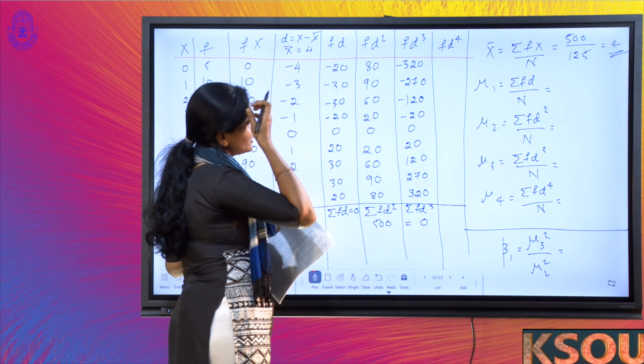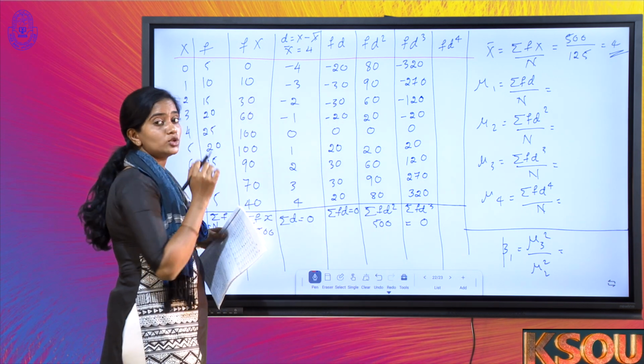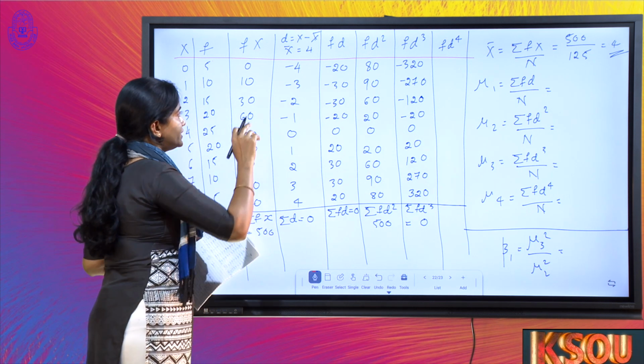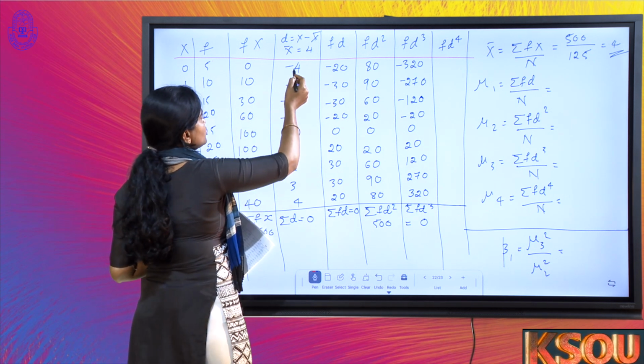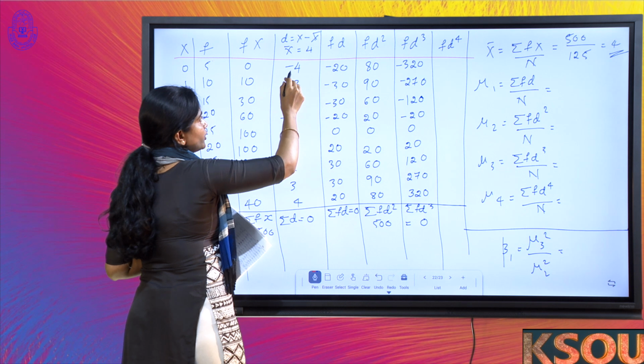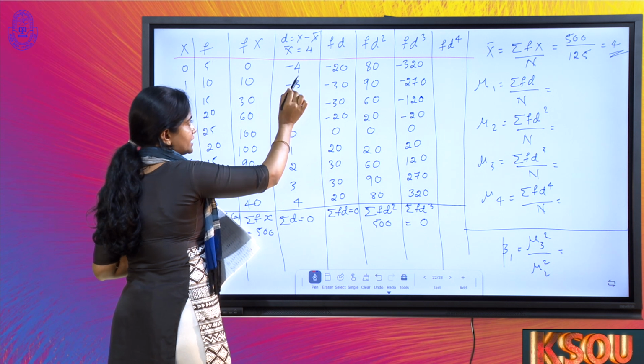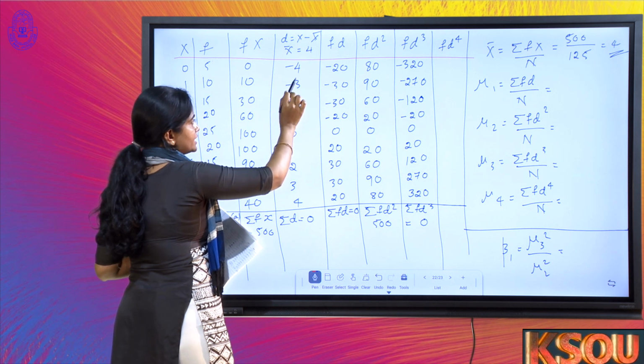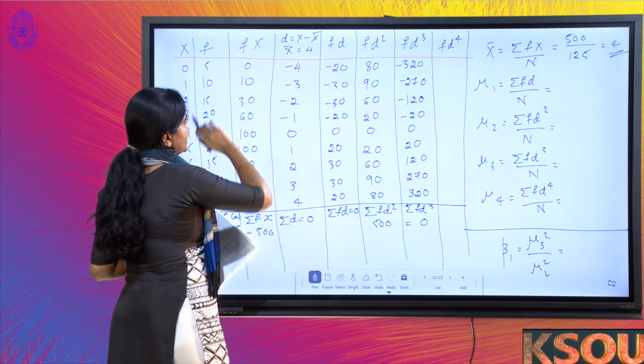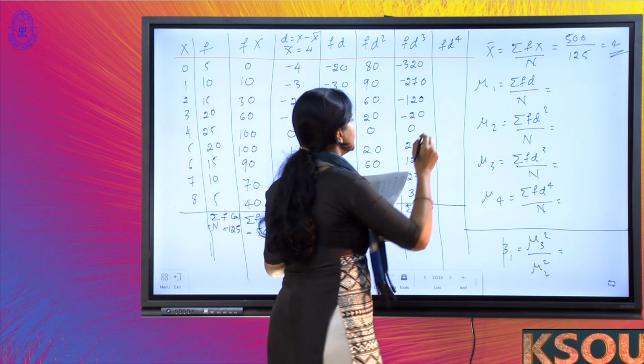So, finally, we will have to calculate FD to the power of 4. FD to the power of 4 means you will have to take 4 times the value: minus 4 into minus 4 into minus 4 into minus 4 into 5. Similarly, minus 3 into minus 3 into minus 3 into minus 3 into 10. Like that you will have to calculate here.